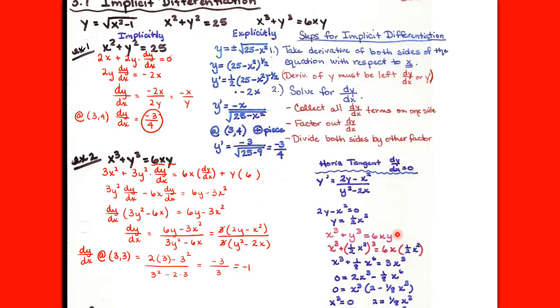Remember, for substitution, you solve one of the equations for one of the unknowns and then plug it into the other equation, right? This definitely looked like the easier equation to me. And so I solved it for y. I didn't want to solve for x because of the radical.